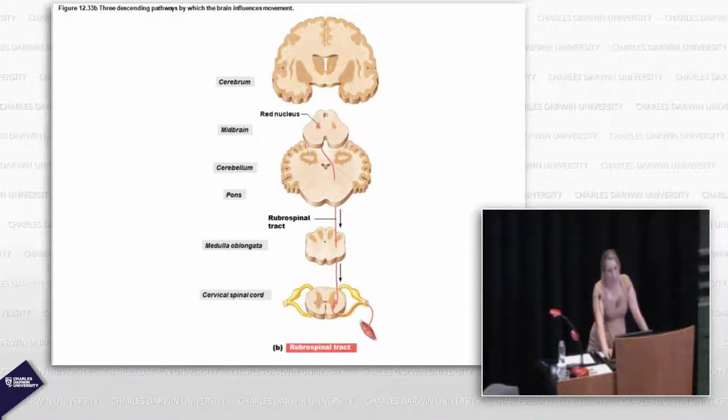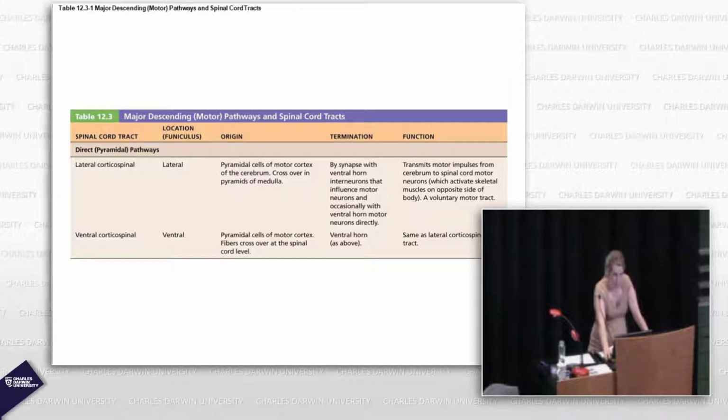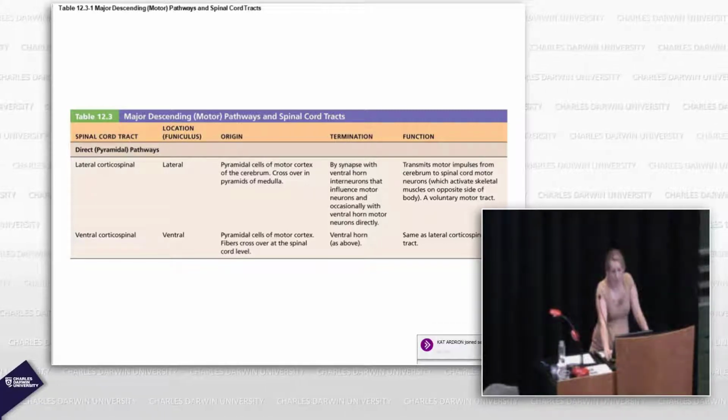I guess it's the most simple of those indirect pathways that we were looking at. Again, there's a bit more information about this in the slides that have been uploaded, and also in your textbook. So yeah, a bit beyond the scope of today.